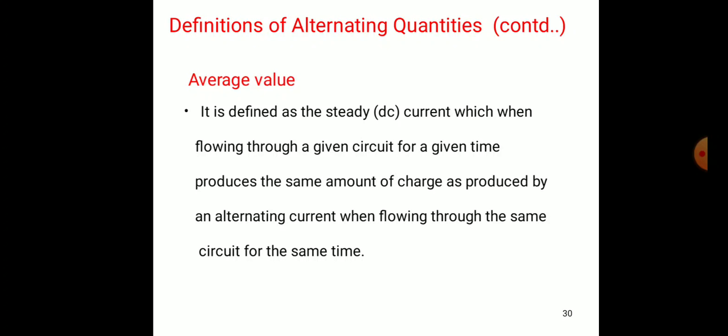The average value says that this particular amount of DC value is equal when the AC current will produce the same amount of charge as this DC current produces. That alternating current average value is nothing but this DC average value.